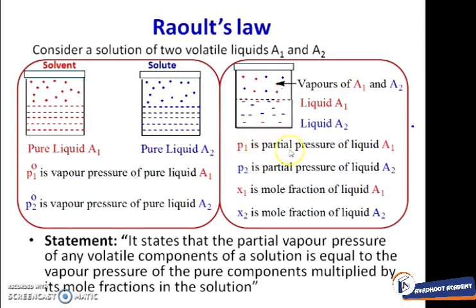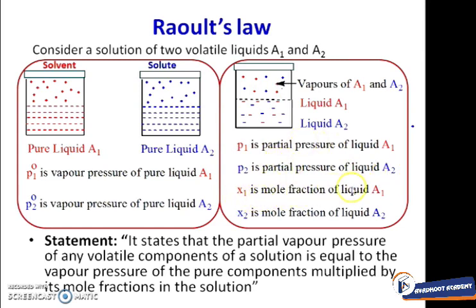So P1 is the partial pressure of liquid A1 when it is in solution. Similarly, A2 molecules in vapor state exert pressure on the surface of the liquid, that is the partial pressure of A2, denoted by P2. So P2 is the partial pressure of liquid A2.